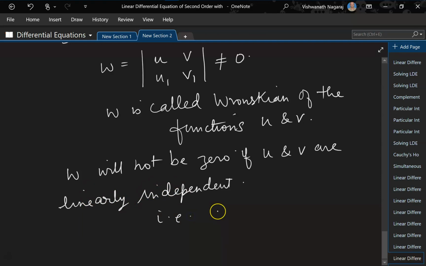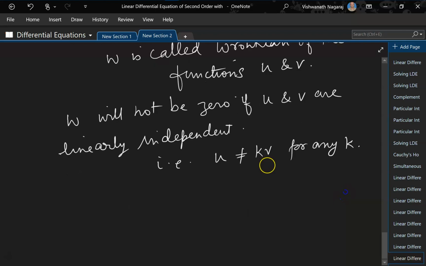What does that mean? That means one function is not a multiple of another for any k, because then by the properties of determinants you will end up with 0. Okay, so now let's solve these two equations.